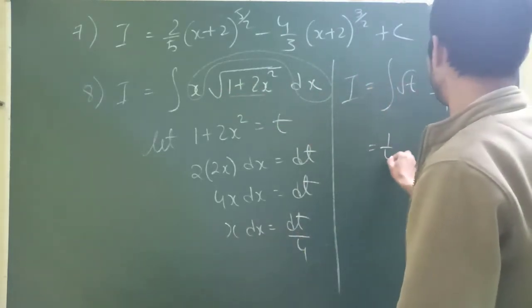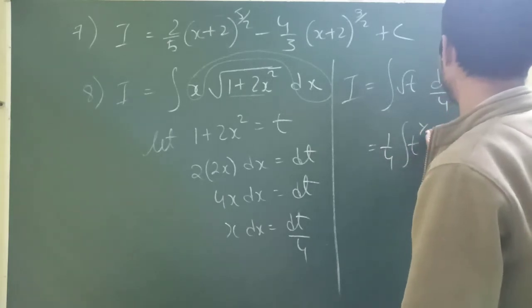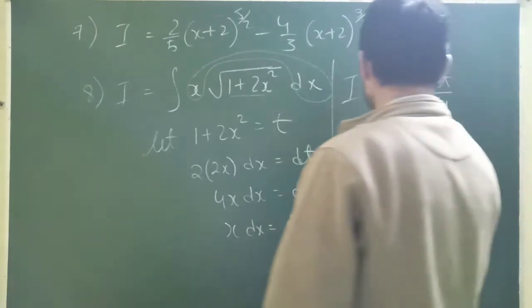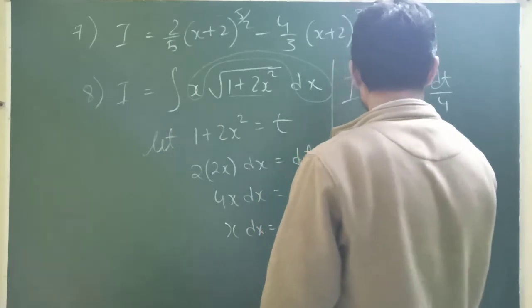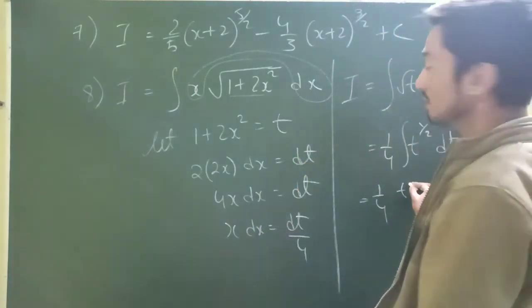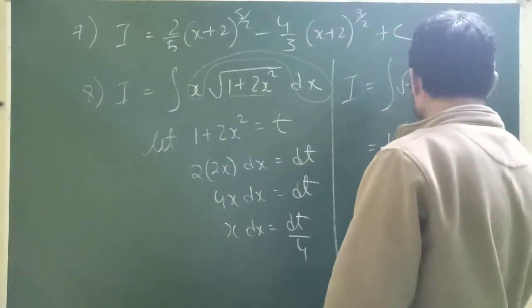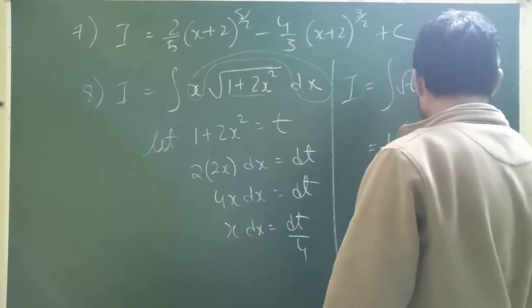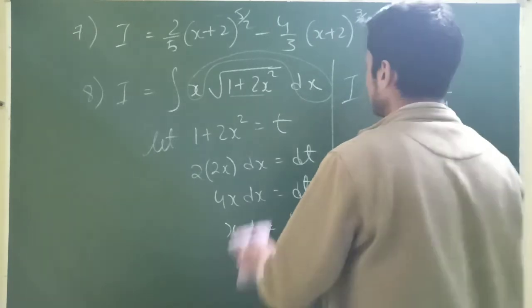So that's 1 by 4 integral of t power 1 by 2 dt. So that's 1 by 4, t power 1 by 2 plus 1, how much? 3 by 2, (t power 3 by 2) plus c.